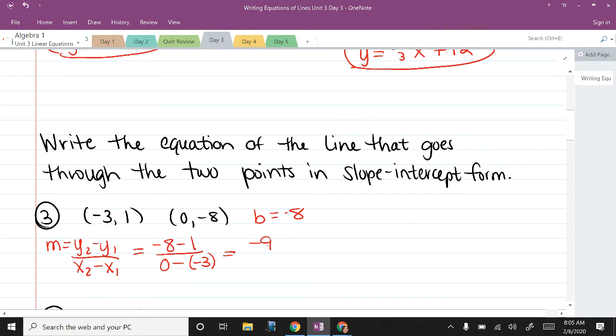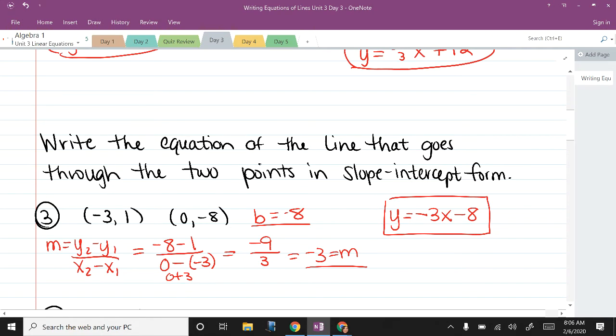So that's negative 9, and that's 0 plus 3, right? Over 3. What's negative 9 over 3? Negative 3. So my slope is negative 3. I got m and I got b. So what's my equation? Negative 3x minus 8.